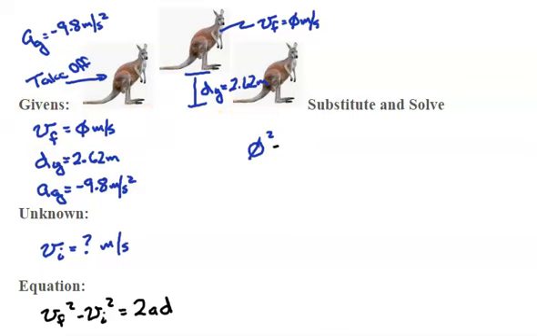That whole thing is equal to 2 times the acceleration, which is negative 9.8, times displacement, which is 2.62.